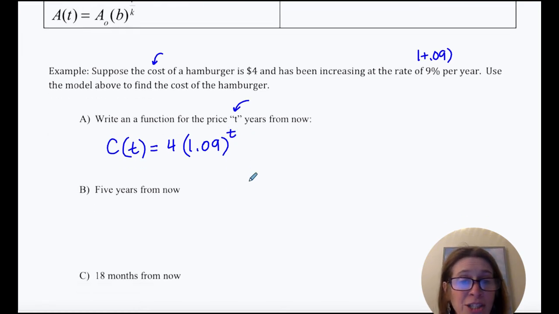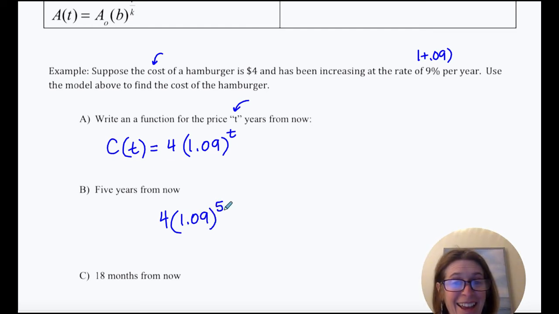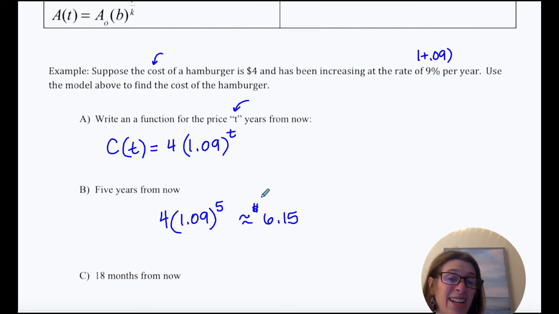Okay, all right, so now what would the price be 5 years from now? We would do 4 times 1.09 to the 5 power, okay? So now I do 1.09 raised to the 5 times 4, keeping it on our calculator, so it's approximately $6.15. That's a lot, isn't it? 9% a year.